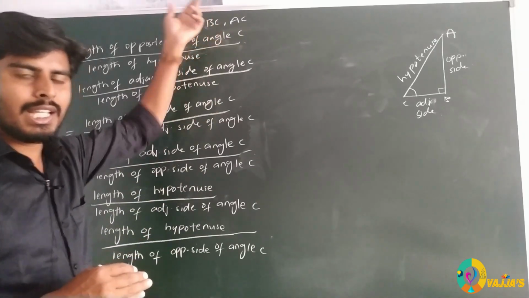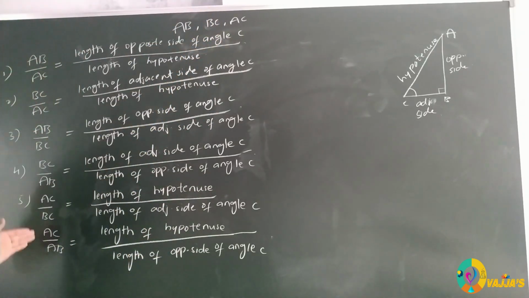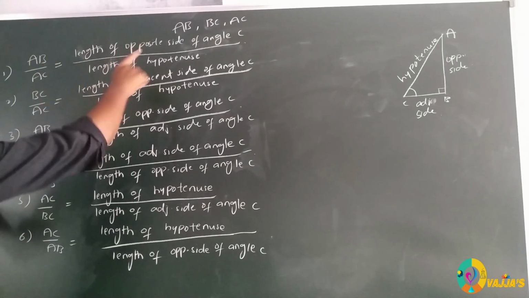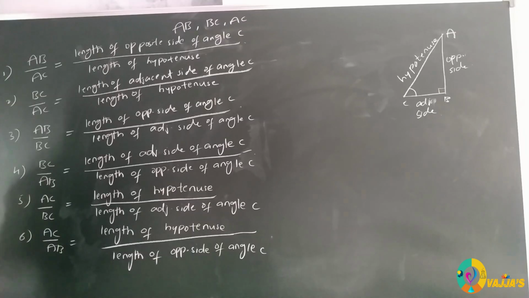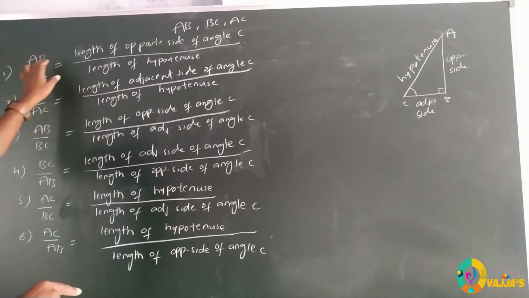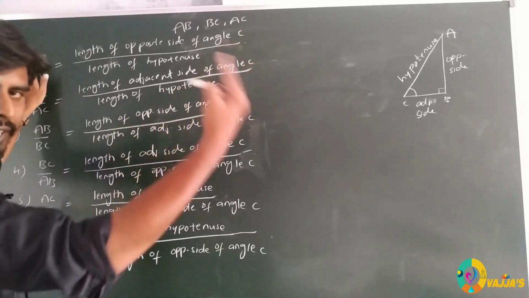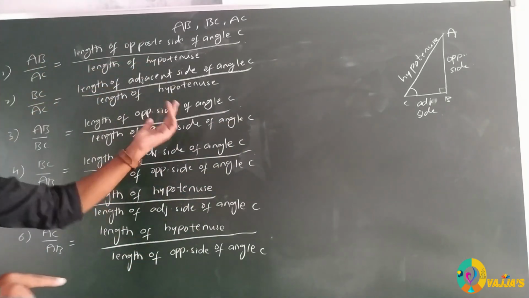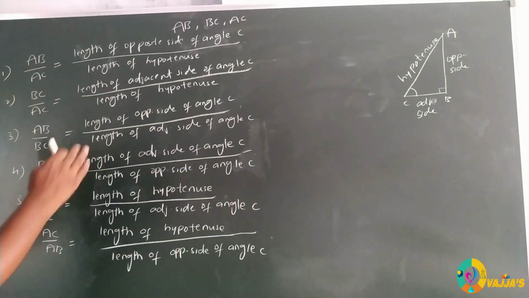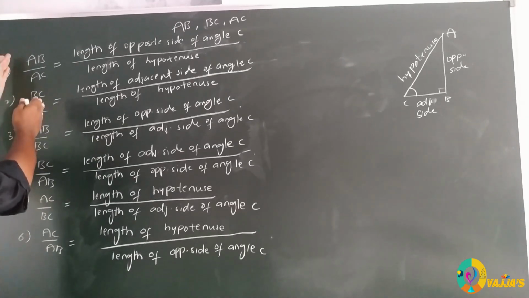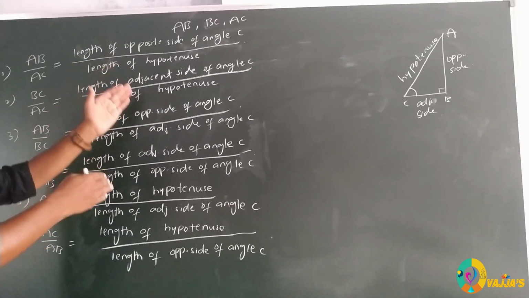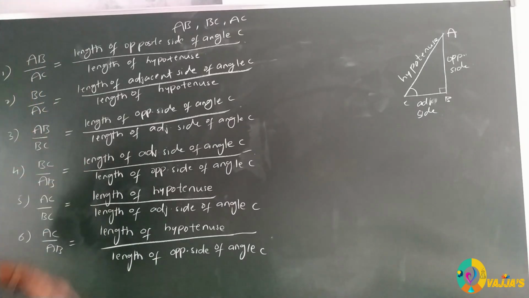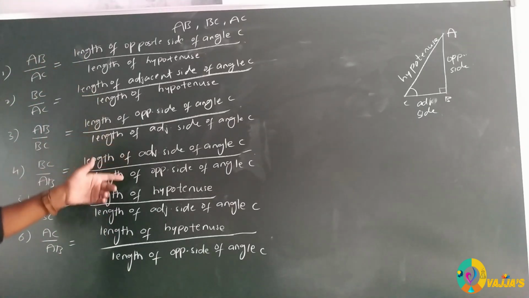With the three sides, I made 6 ratios here, and this AB is nothing but the length of the opposite side of angle C. I am making a relation with C here. So this AB is the opposite side to angle C by the length of hypotenuse. So I made a relation here with ratios of sides and angle C. So pause the video and look carefully at the fractions here.